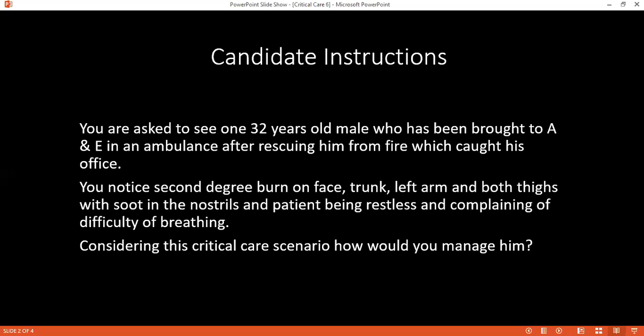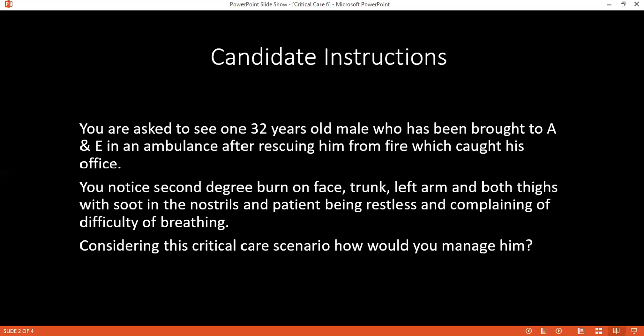Okay, good. Considering that, would you be able to tell me how would you take care of the fluid maintenance or fluid requirement of this patient? Yeah, for this patient, I will use the Parkland formula, whereby the fluid requirement is calculated as 2 ml into total body surface area burn into body weight in kgs.